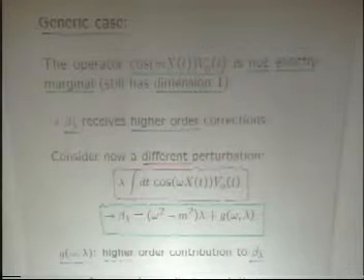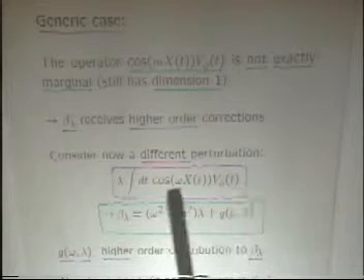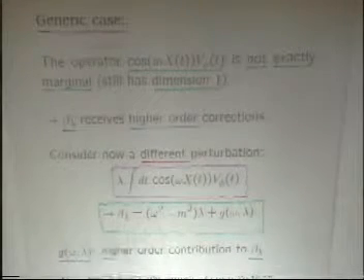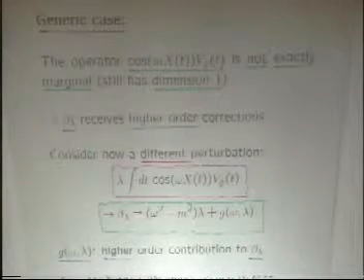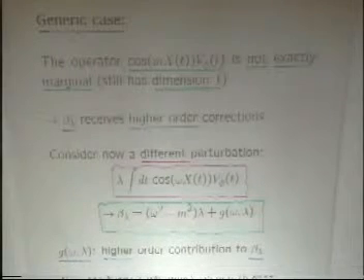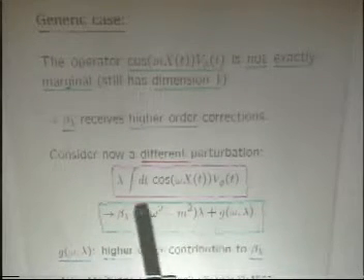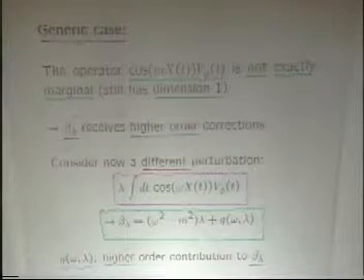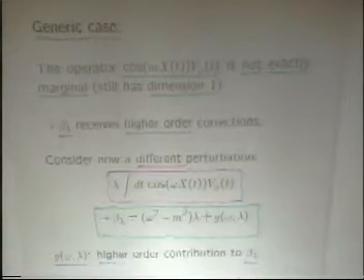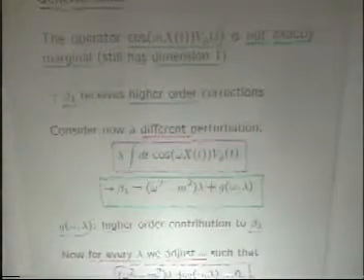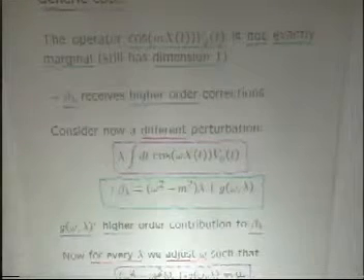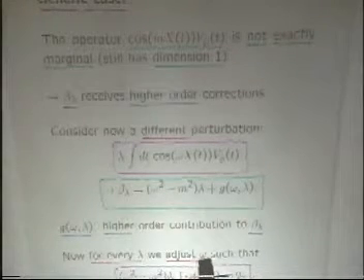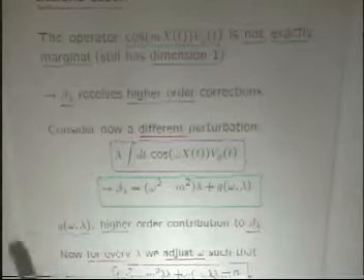So this is now no longer dimension 1, it has a dimension which is given by omega square minus m square. So if we now compute the beta function associated with this coupling lambda, then it has a contribution from the dimension, and then of course it has higher order contribution which can be thought of as a power series expansion in lambda. And now the idea is that for every given lambda, at least for small enough lambda, we can try to find omega such that beta lambda is 0.